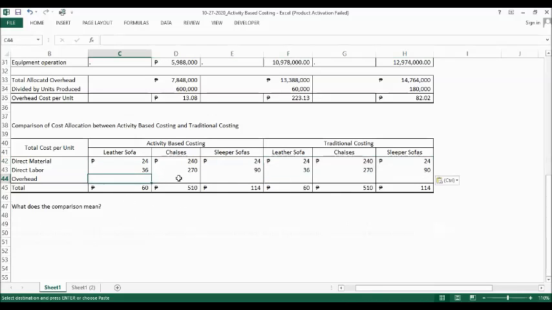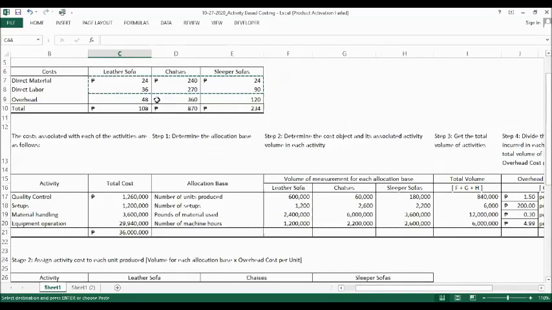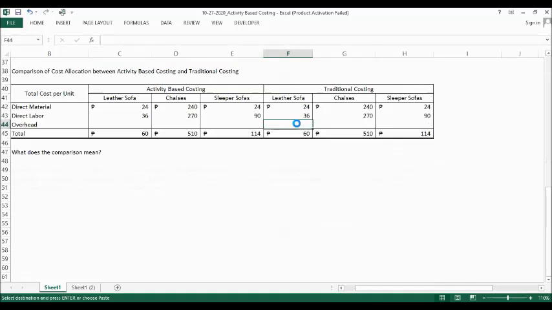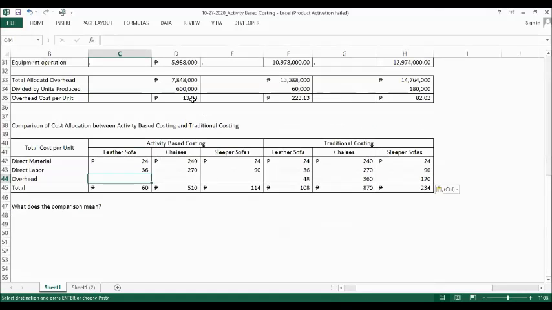So the overhead now for activity-based, the overhead for this is for traditional. And for this, the overhead is 13.08. Ito. 223.13 and 82.02. Now you can see the difference, 73 compared to 108. 73,733 to 870, 196 to 234. So this is the comparison.